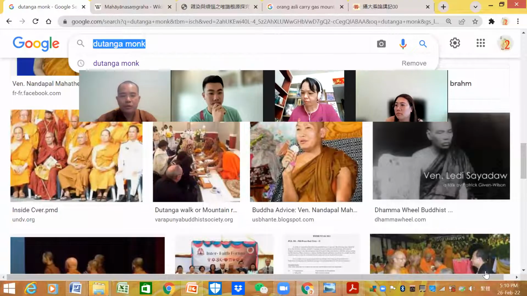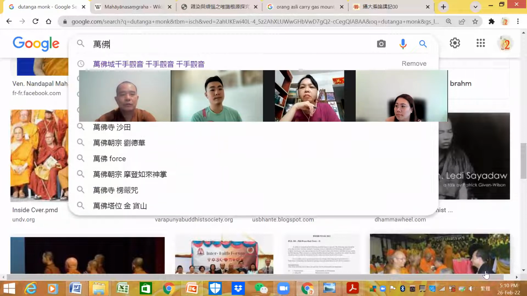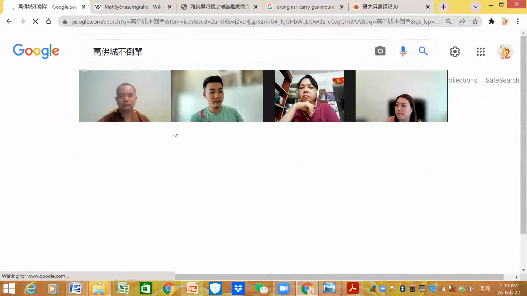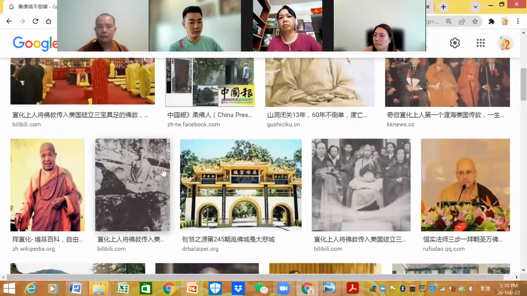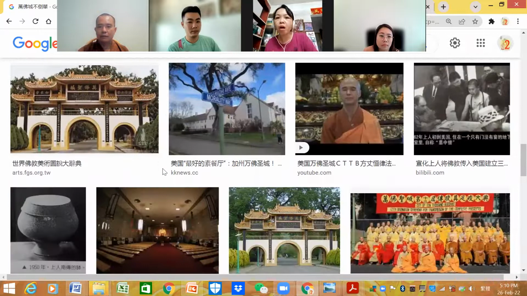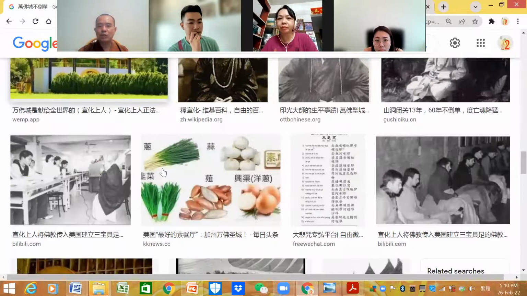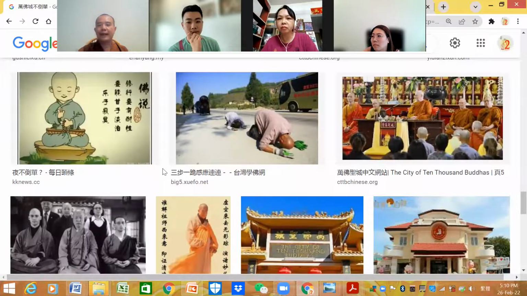In order to train them without lying down, maybe we call it 不倒单. Sometimes in order to achieve not lying down, they will have a special chair, so that they won't lie down.